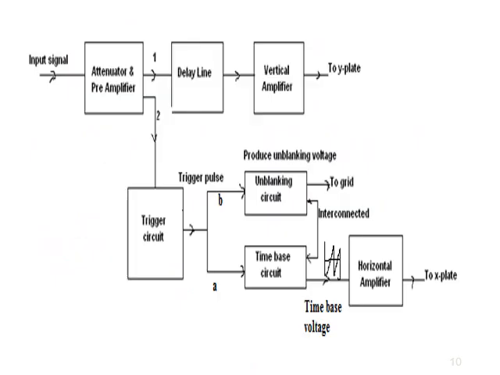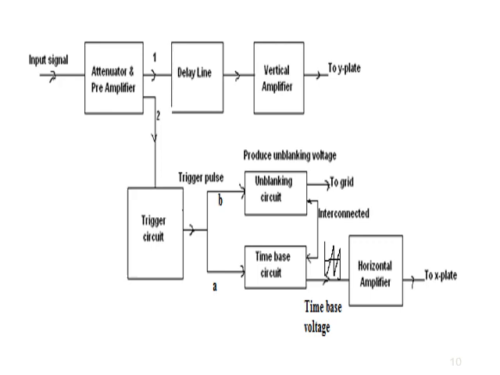For that we are going to consider this figure. It shows how the triggering method is applied. The input signal voltage which is to be tested is always fed to the Y plate. Part of the input signal, pre-amplified, is fed to the trigger circuit.